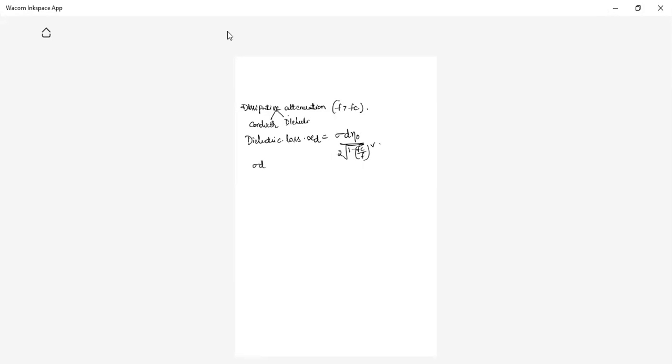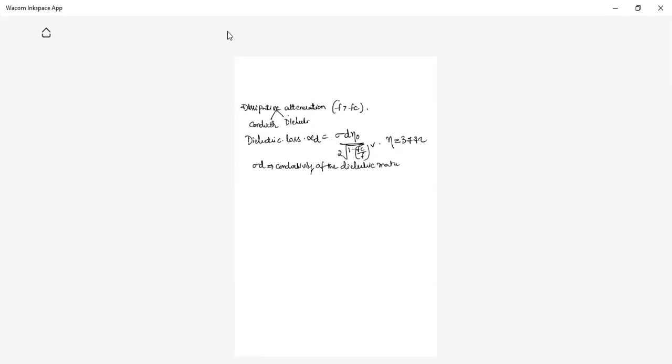Sigma d is nothing but the conductivity of the dielectric material, and eta naught is nothing but 377 ohms. Remaining, fc is the cutoff frequency and f is the operating frequency. So this is the expression for dielectric losses.